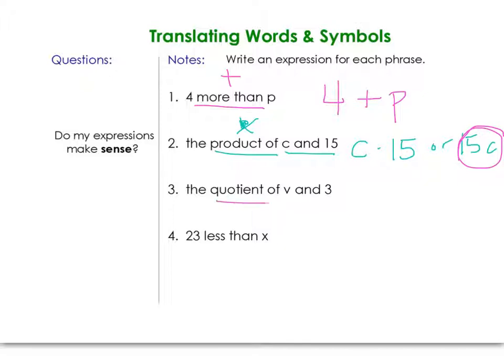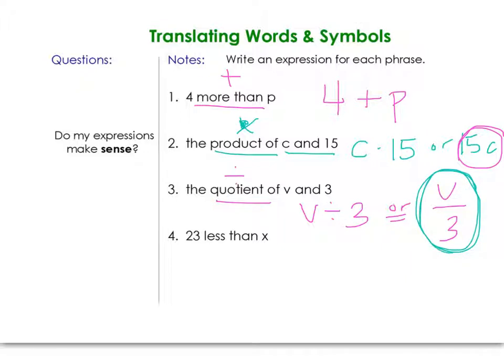The quotient means to divide, of V and 3. So V divided by 3, or V over 3. We're going to want you to put it in a little fraction like that. V divided by 3, or the quotient of V and 3.